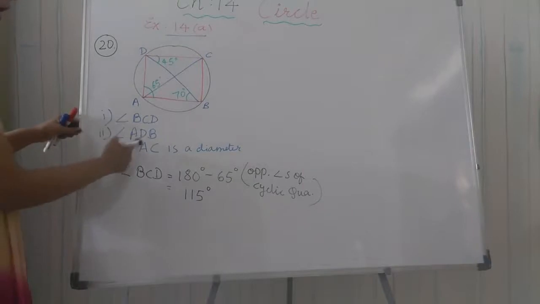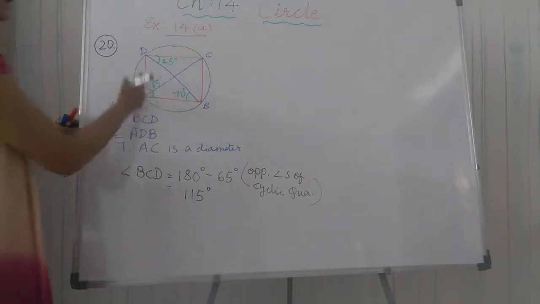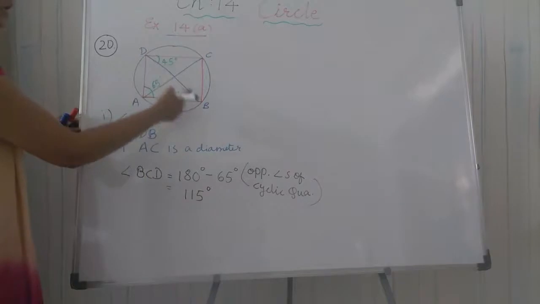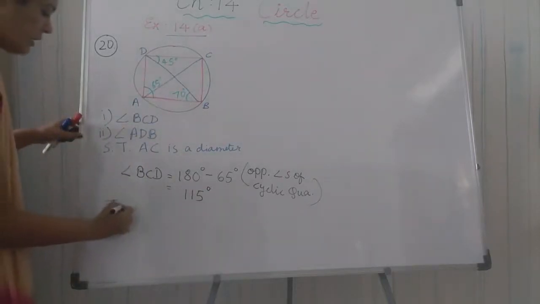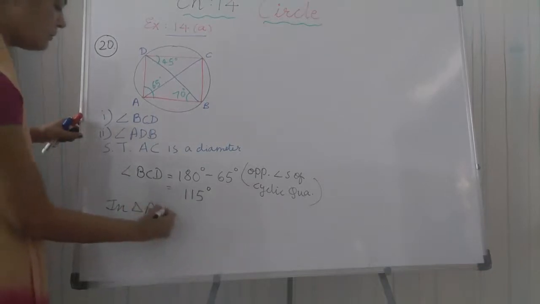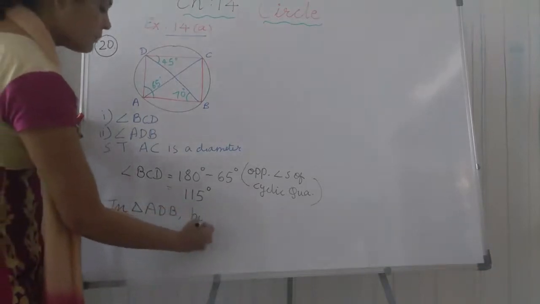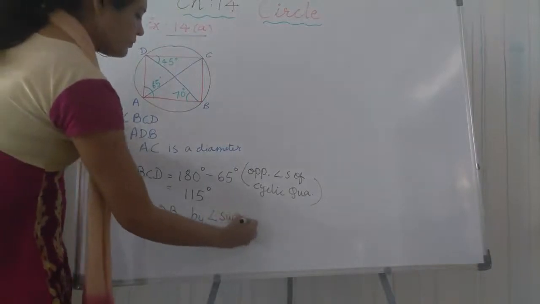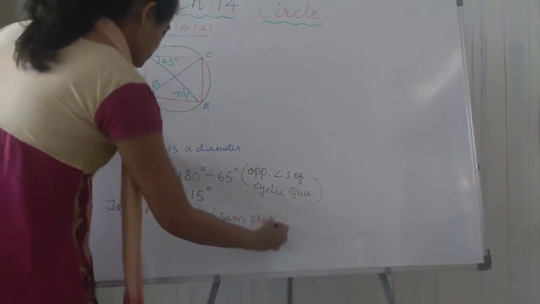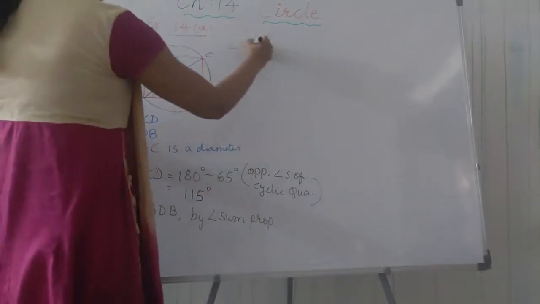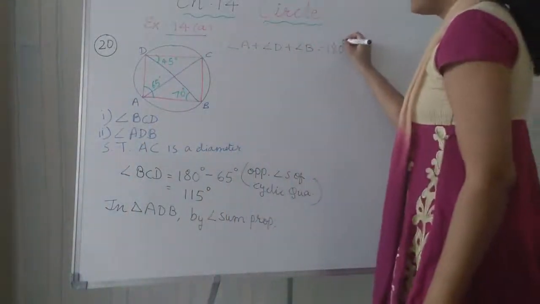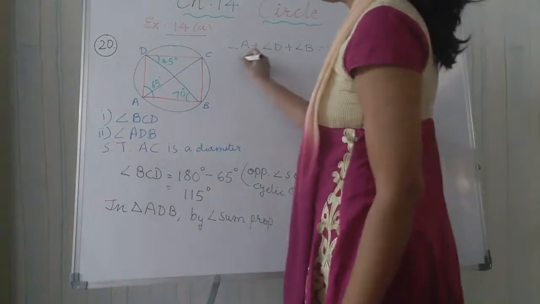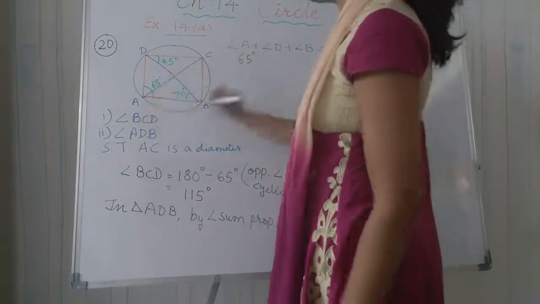Now secondly, ADB. So this is ADB. You want to calculate this one. In triangle ADB, we can use the angle sum property. So write in triangle ADB by angle sum property, we can find here angle A plus angle D plus angle B is equal to 180 degrees. Sum of the three angles is 180. Angle A is given to us as 65 degrees, you see in the figure.